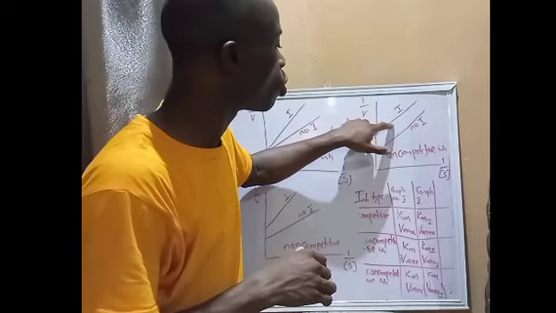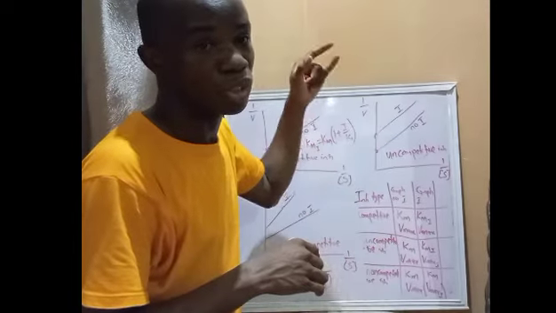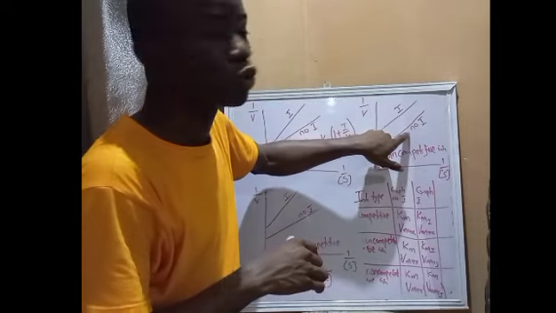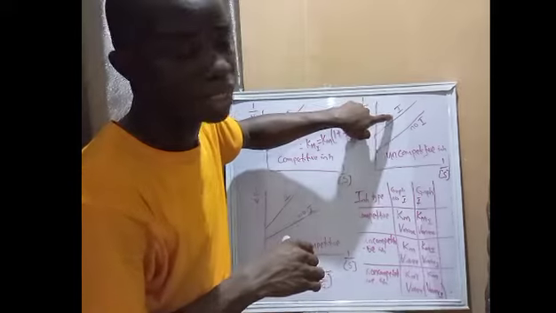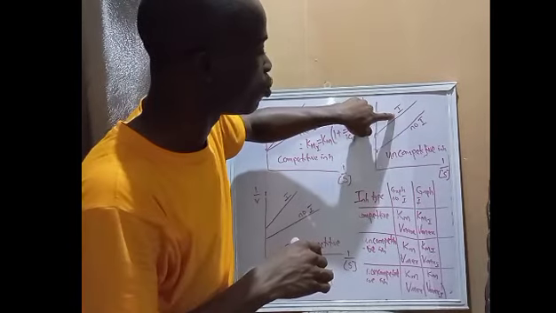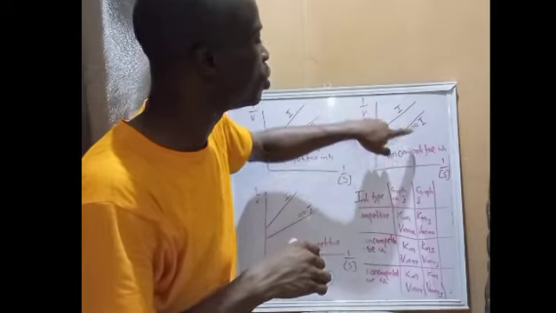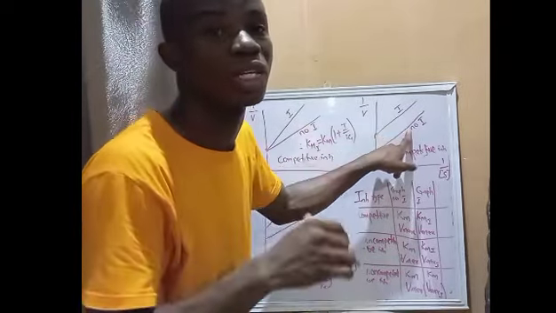So for an uncompetitive inhibitor, both the Km and the Vmax will reduce compared to the one you have for no inhibition. The Km and Vmax you get from this line will be less, compared to the Km and Vmax you get for this first line, which contains no inhibition.